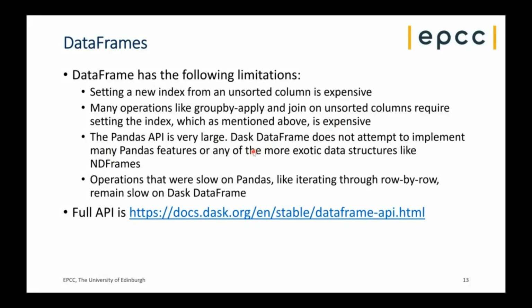And the Dask data frame doesn't do some of the more exotic data structures or data features as the Pandas API. So there's a lot implemented in Pandas. Dask data frame doesn't do everything. And finally, operations that are generally slow in Pandas, like iterating through a data frame row by row rather than using a built-in function that does that for you, will also be slow on something like a Dask data frame.